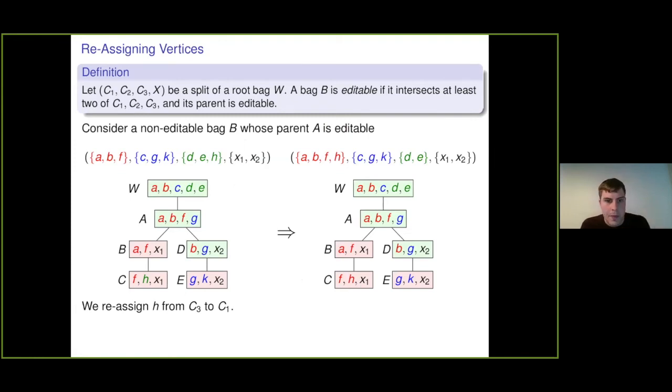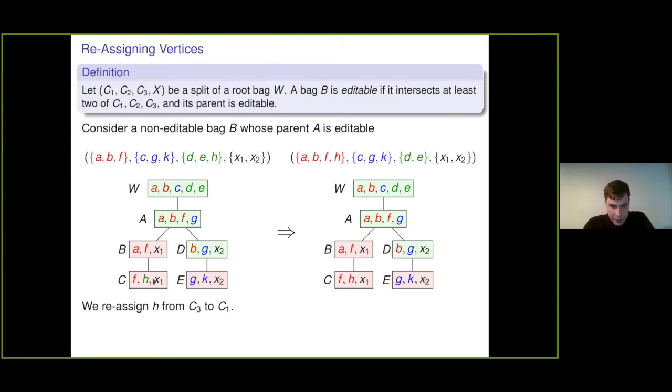Now, after defining the editable bags, we change this split somewhat. Let's look at some non-editable bag B here, which is non-editable but whose parent A is editable. So it's a minimal non-editable bag.